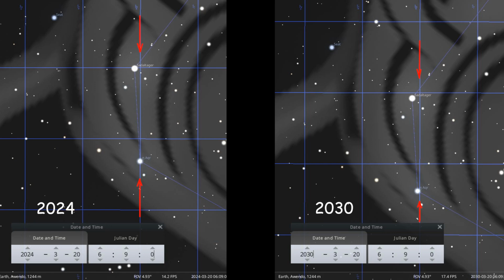And what this is showing is that we are no longer in the age of Pisces, and the age of Aquarius is here. And that's what the book of Revelation is about, the end of the age.